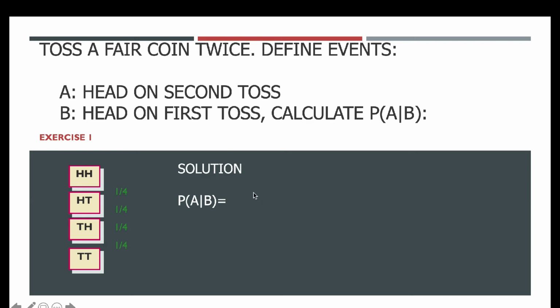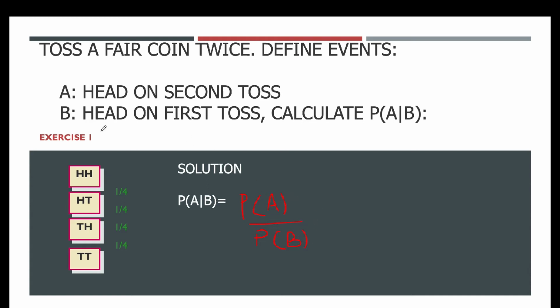So what is P(A)? Let's think. Any guesses?